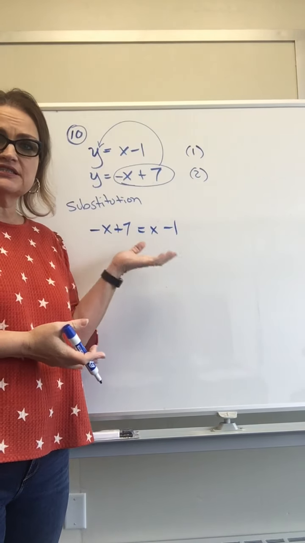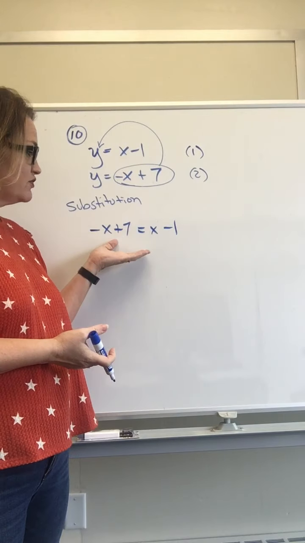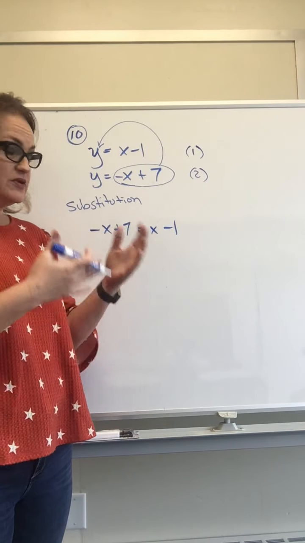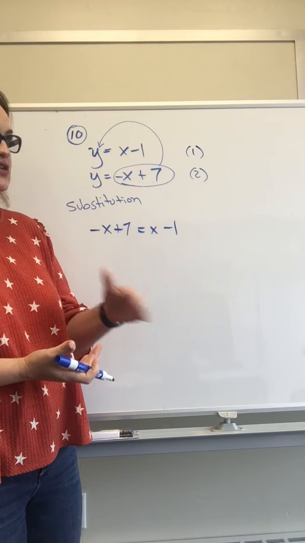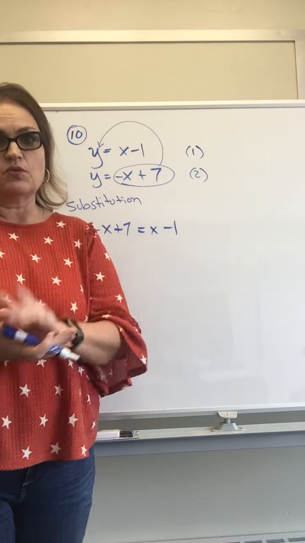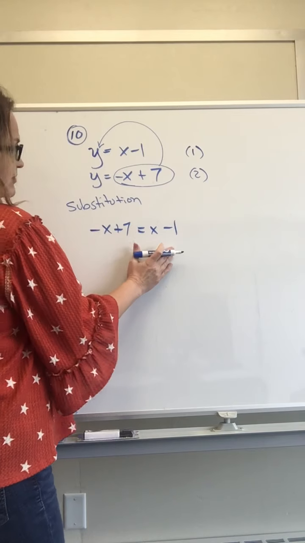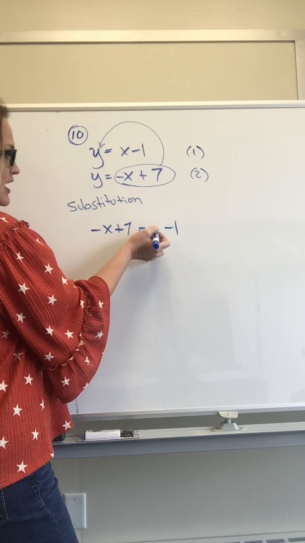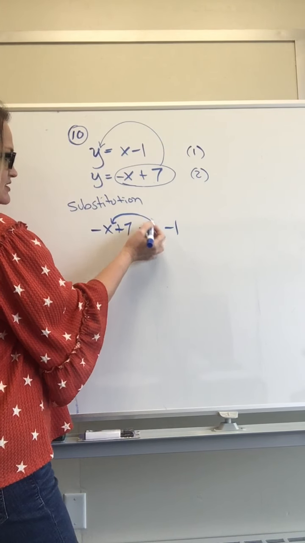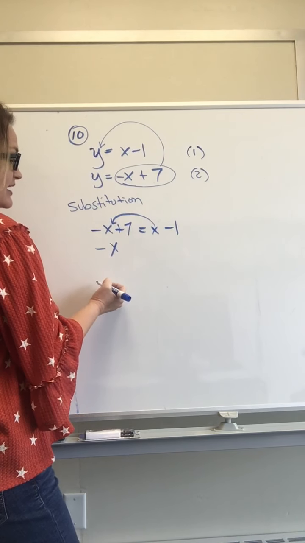What that does for us is it gives us an equation that is solvable in one variable. As long as you have two variables in there, you can graph it, but you can't really just solve it and say x equals whatever. So this way, I'll be able to solve. So now I just have an equation in terms of x. I want to bring my x's to the same side, so bringing this x over makes it negative x.